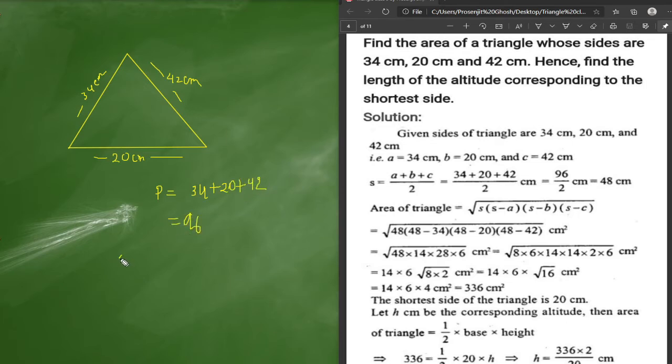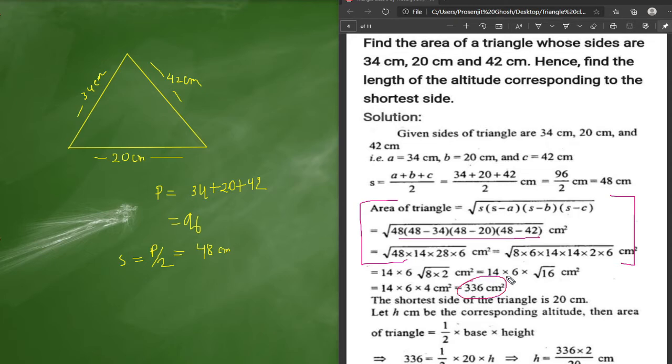After that, find the semi-perimeter, that is P by 2. Instead of P by 2, you can write S, and that is 48 centimeters. I already did it over here. So you have to put all those values into Heron's formula, and after solving it, you will get the area.